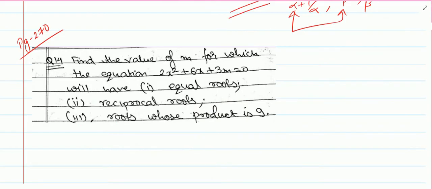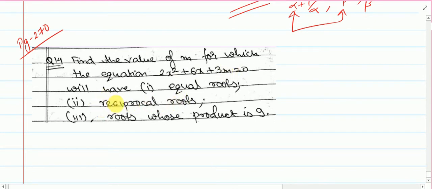Now we will see question number 14, and here it says find the value of m for which the equation 2x square plus 6x plus 3m is equal to 0. So we have to find the value of m. Number one, suppose roots are equal for this quadratic equation, then what would be the value of m?